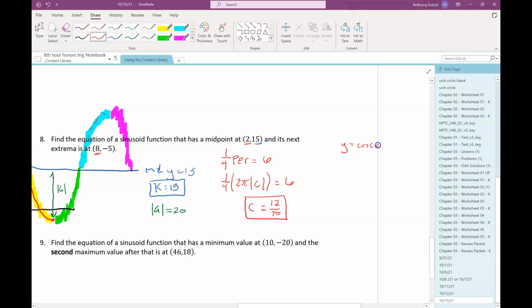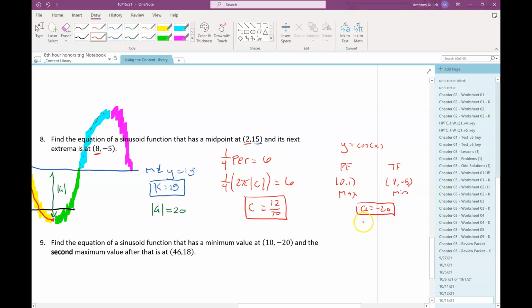When we use cosine, the point we're going to use from our parent function is 0, 1, which is a maximum. We have to pair that with another extreme point from our transform function. So that was 8, -5, which was a minimum. So because we're going from max to min, we know the A needs to be negative.